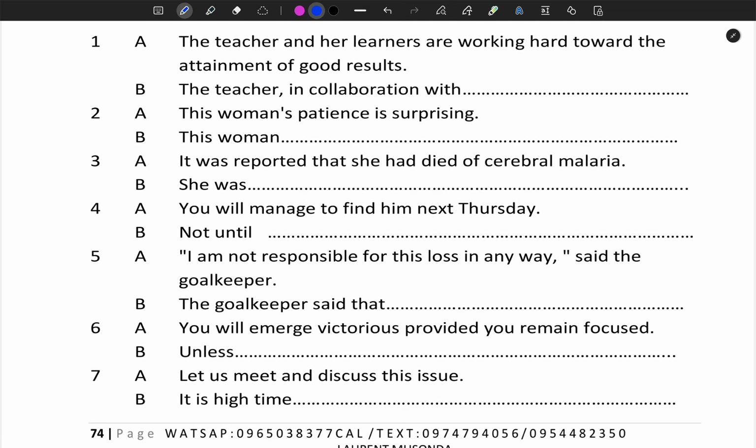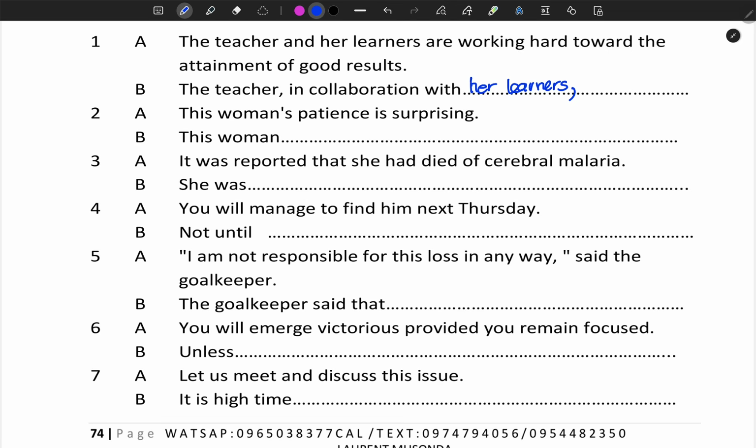Now, sentence B: the teacher, we have a comma, so that's a rule, in collaboration with her learners, another comma.